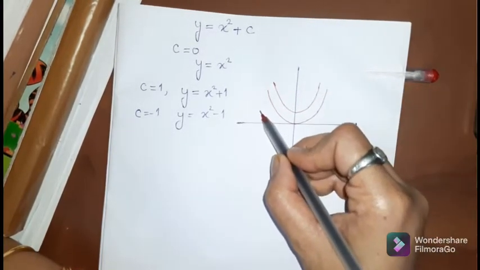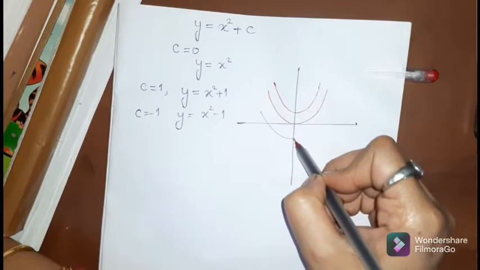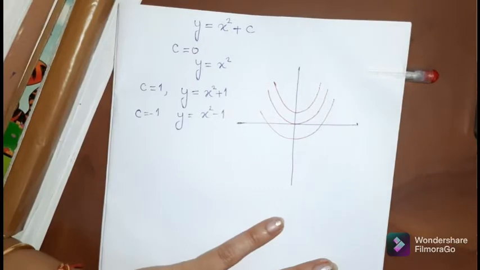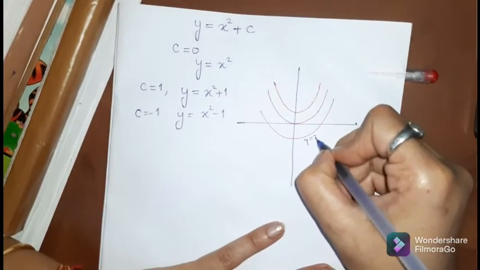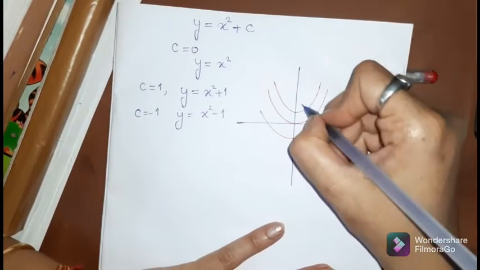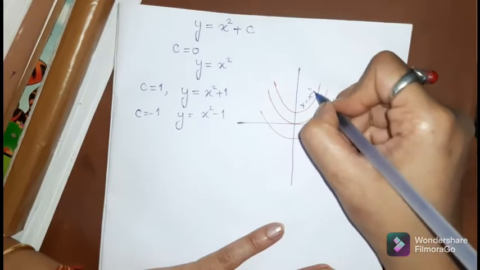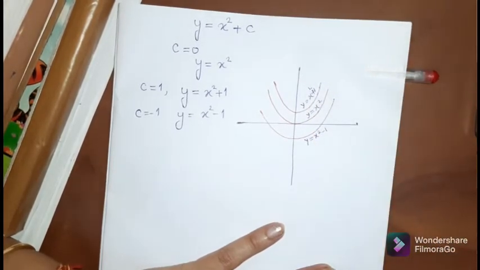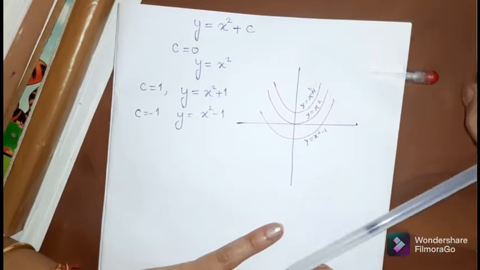When c equals minus 1, the parabola is 1 unit in the negative direction. This is for the curve y equals x square minus 1, this is for y equals x square plus 1, and this is for y equals x square. So when we use different values of c, we get different curves. Ultimately we get a family of curves here.